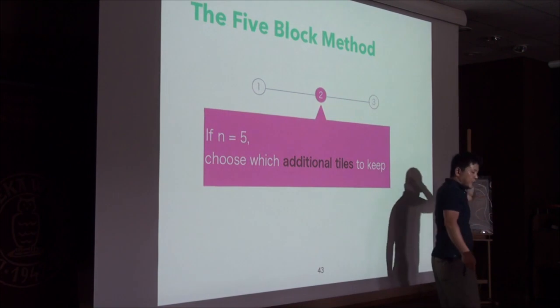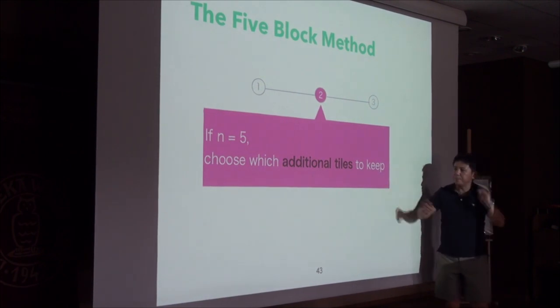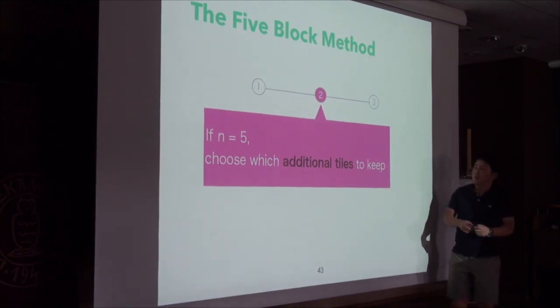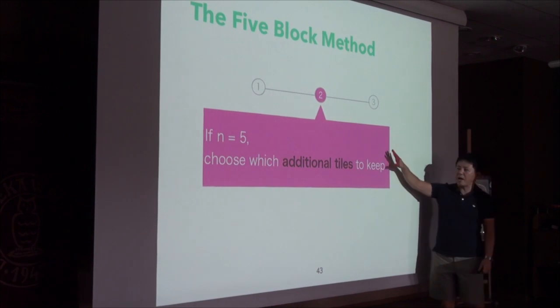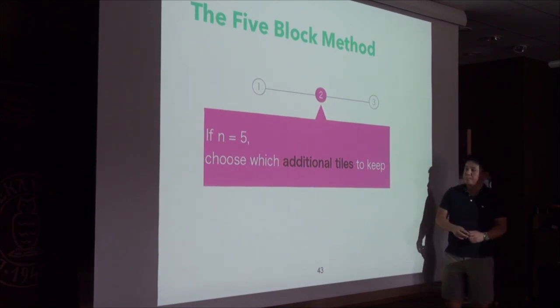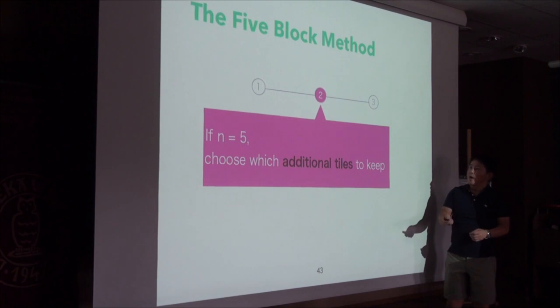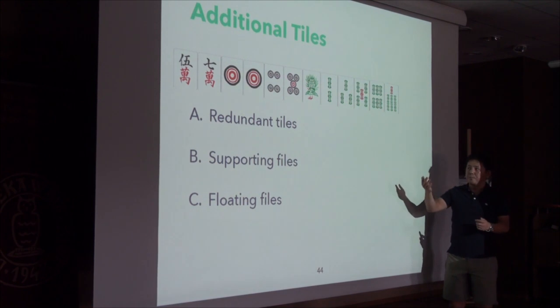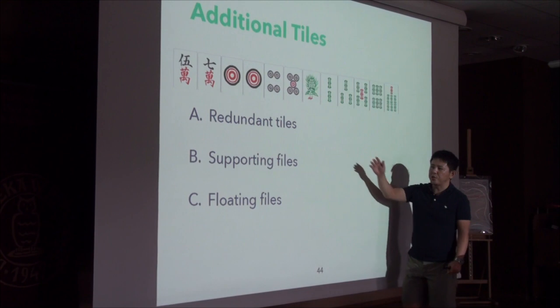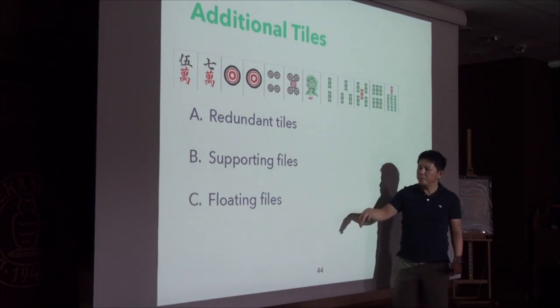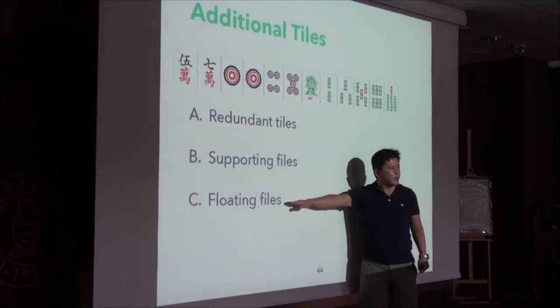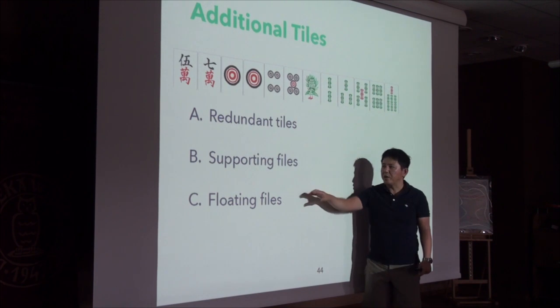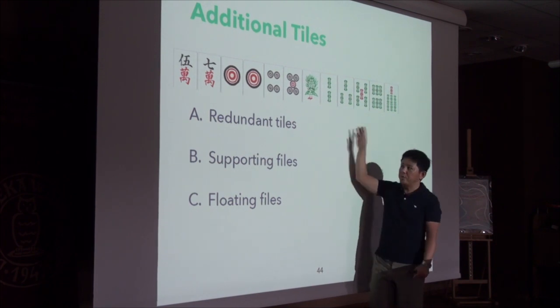So now we're going to talk about the last case where we have exactly 5 blocks in hand. Right. So when you have exactly 5 blocks, an additional tile could be categorized into 3 different kinds. One is a floating tile that we have talked about, a tile that is not related to any of the blocks in the hand.